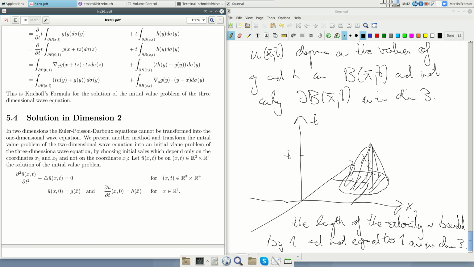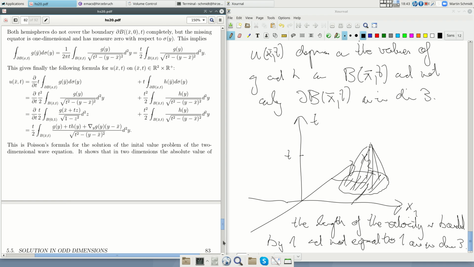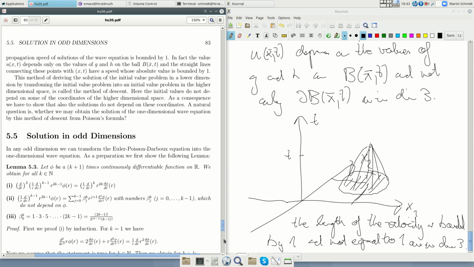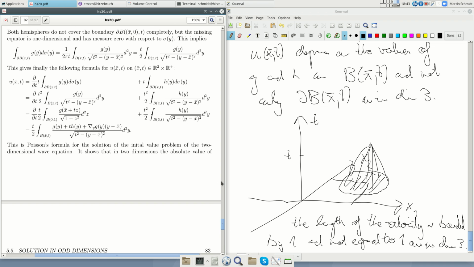And then we showed that the solution also does not depend on the third coordinate, so it comes from a solution in 2 dimensions. And by this way, we calculated the solutions and finally obtained Poisson's formula for the solution of the initial value problem of the two-dimensional wave equation. Thank you.